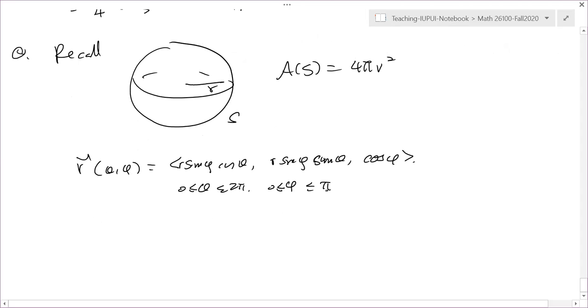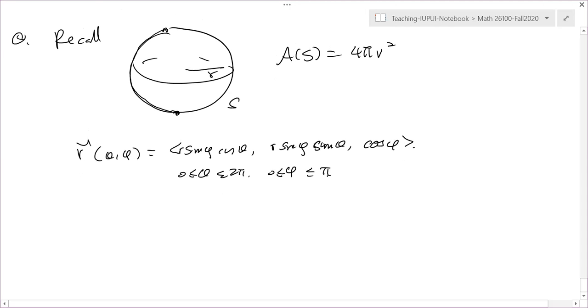That almost covers the whole sphere except the overlap along the one line from the North Pole to the South Pole. That one line can be ignored, no area there. So that is the whole sphere. Then our D is going to be this.